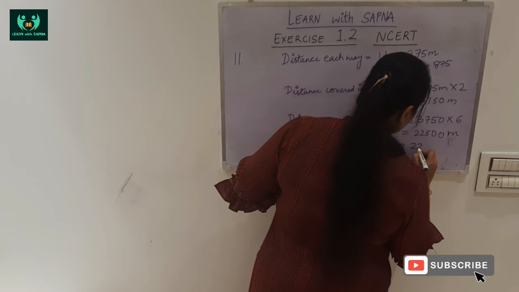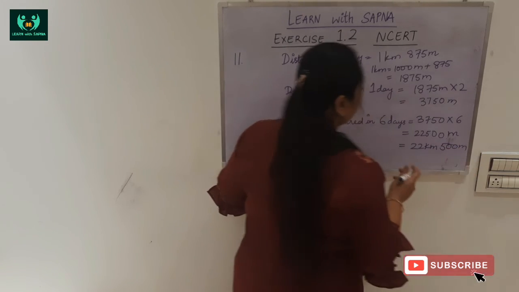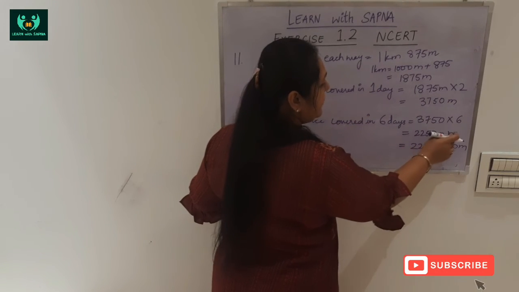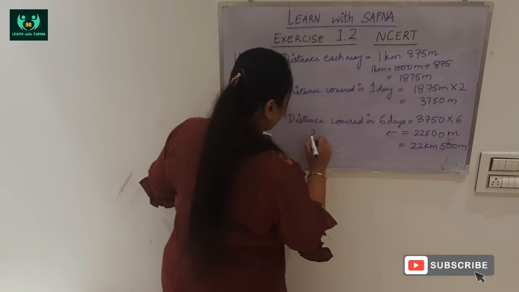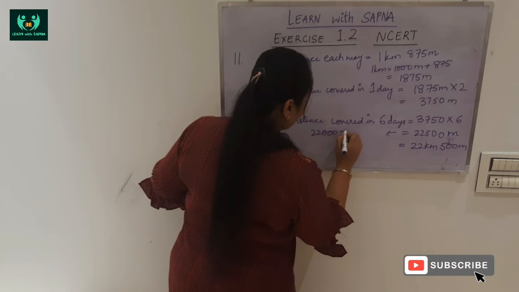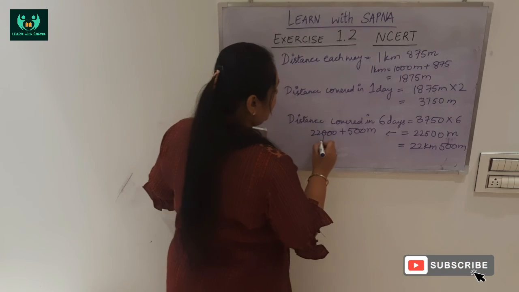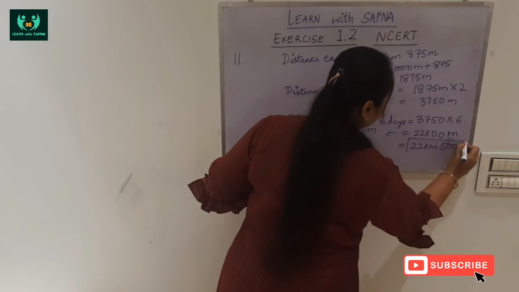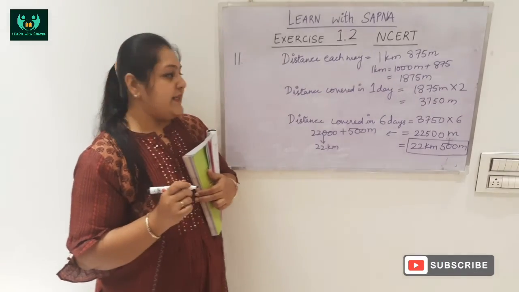It will be 22 kilometer and 500 meter. सिंपल है. 1000 meters हमारा 1 किलोमीटर होता है, तो 22,000 meters है. This can be written as 22,000 meter plus 500 meter. So this 22,000 will be converted into 22 kilometer. So 22 kilometer 500 meter is the total distance covered by her in 6 days.